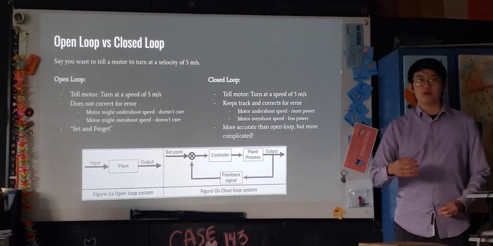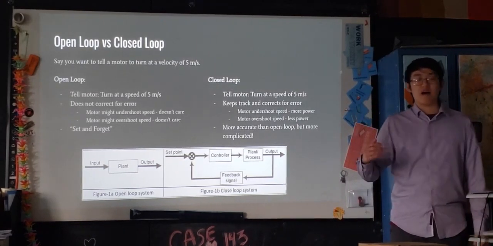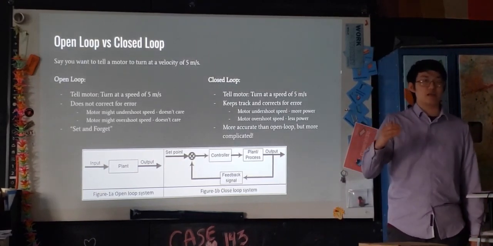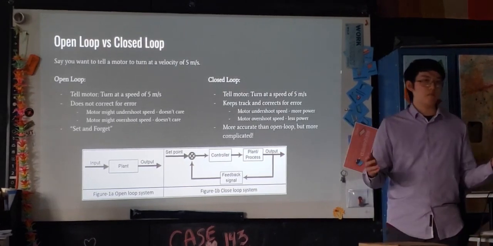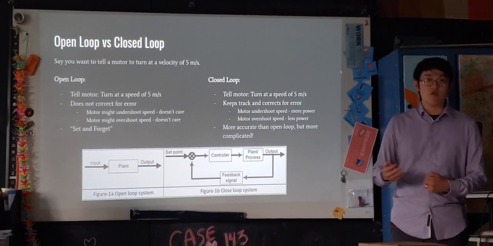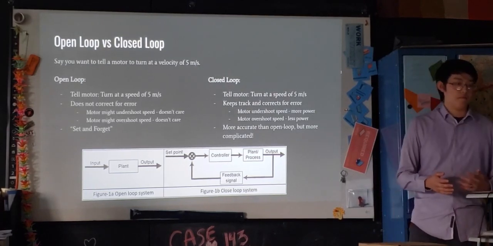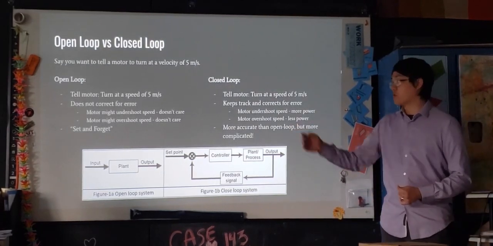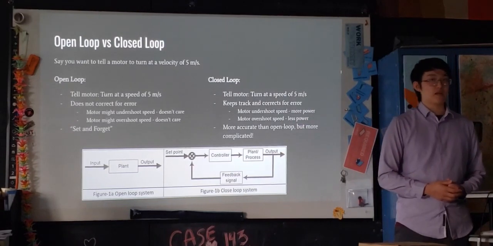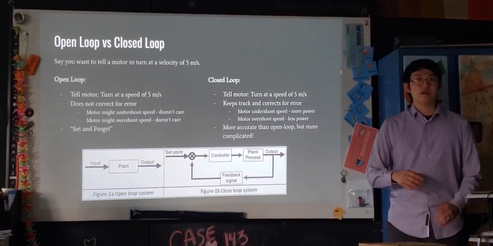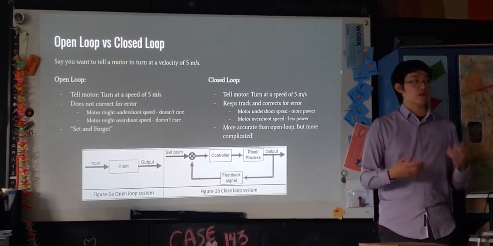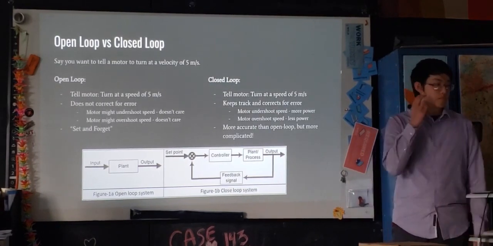Undershooting meaning you set a speed of 5 meters per second, but it can't reach that. It's under. The motor might undershoot that speed, but open loop doesn't care. It might overshoot the speed, and it also doesn't care. That's why it's called set and forget, because you set the speed and you forget about it. You don't correct for any inconsistencies or error in the motor output.